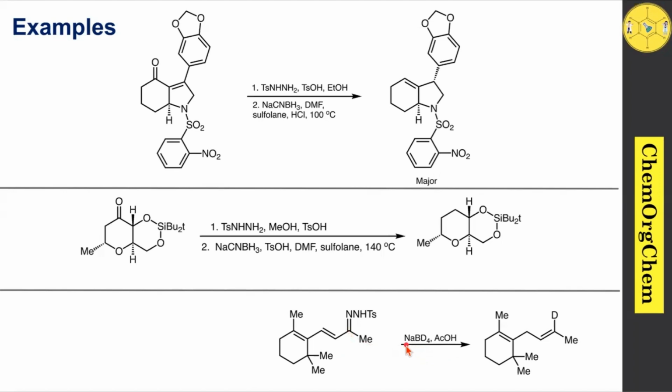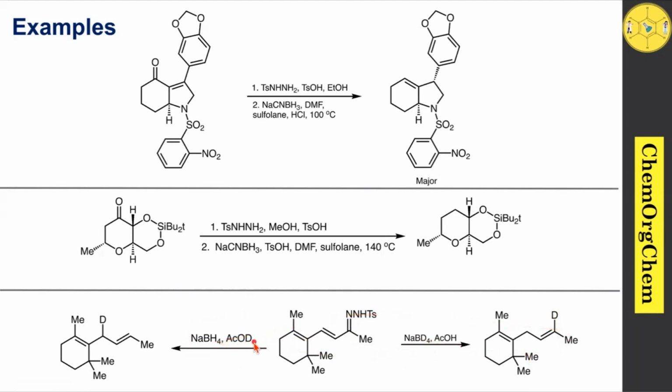When we use sodium borodeuteride, deuterium incorporation takes place at this carbon. Similarly, when we conduct this reaction with sodium borohydride and deuterated acetic acid, it also confirms that the initial addition takes place in a 1,2 addition manner.